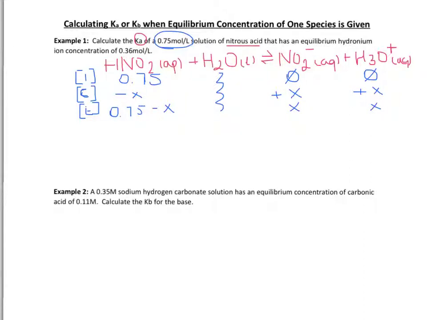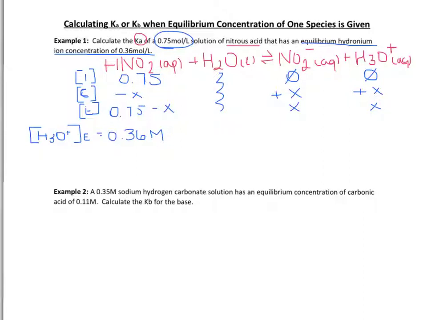Once you have your ice table set up, this is when you go back to the question for the extra piece of information. And the extra piece of information here was that the equilibrium hydronium ion concentration, so the hydronium ion concentration at equilibrium, was 0.36 moles per liter.